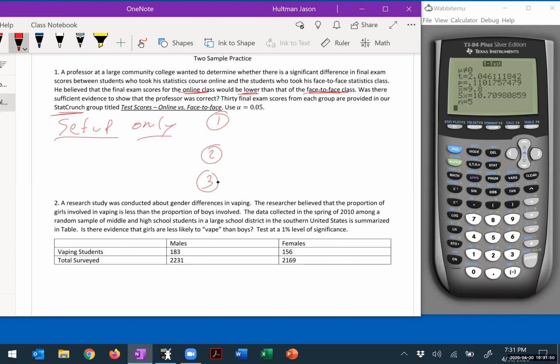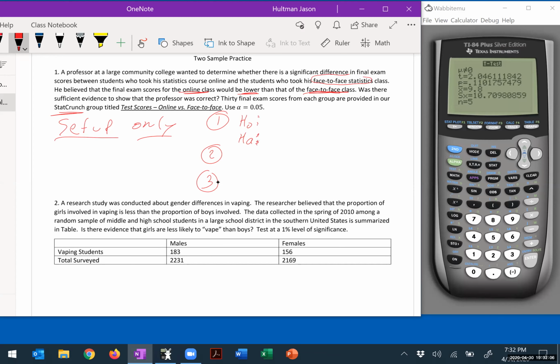So how would I do H0 and HA? What would be my null and what would be my alternative in this case? I have students who are in a face-to-face class and I have students in an online class, and I want to compare the two means. Is this going to be paired data?